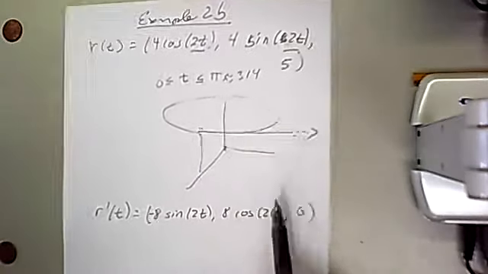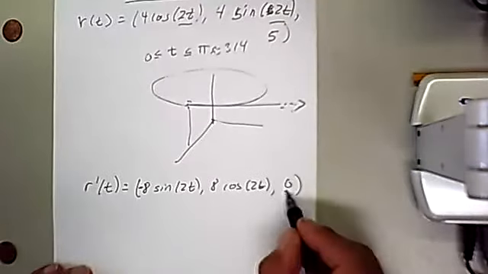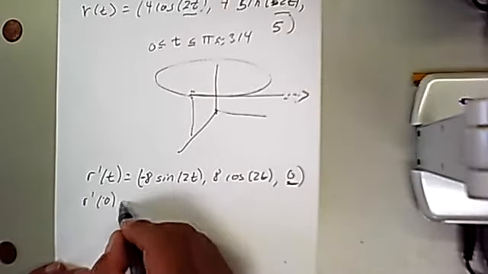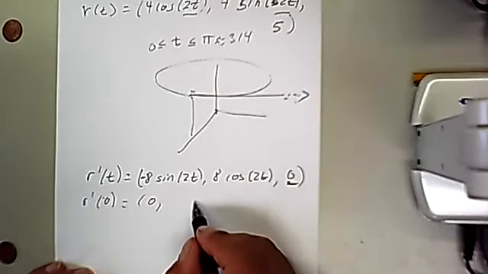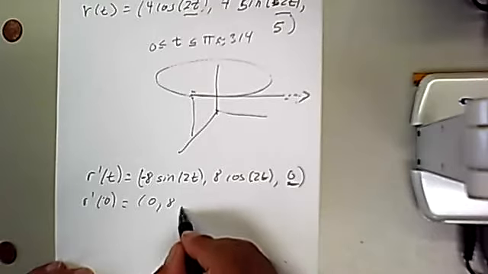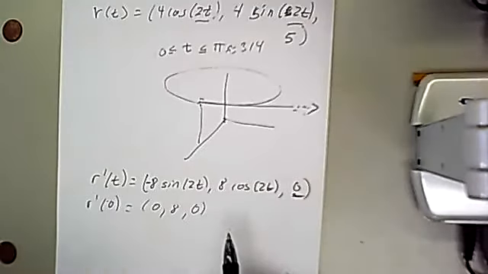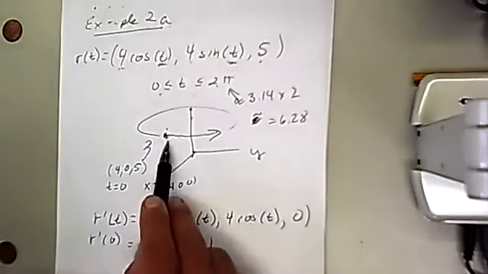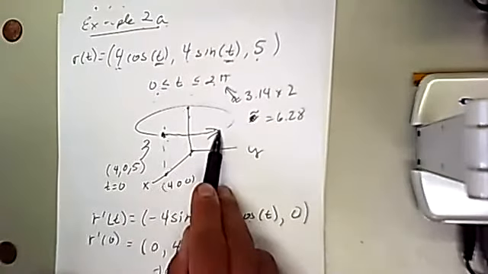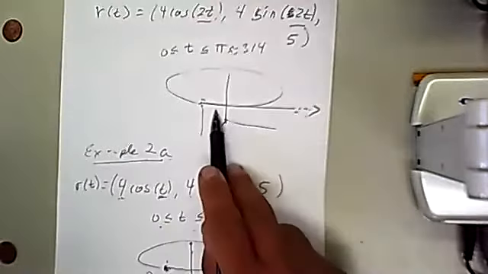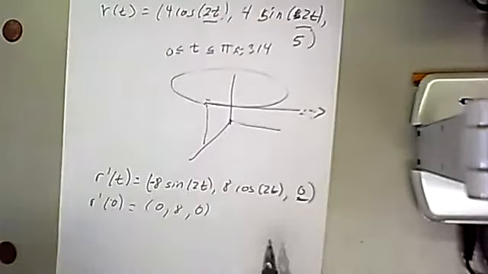It stays completely horizontal because of this 0. All right, r prime of 0 will give us (0, 8, 0). So we have the same vector as in example 2a, but instead of being 4 units long, in this case it will be 8 units long.